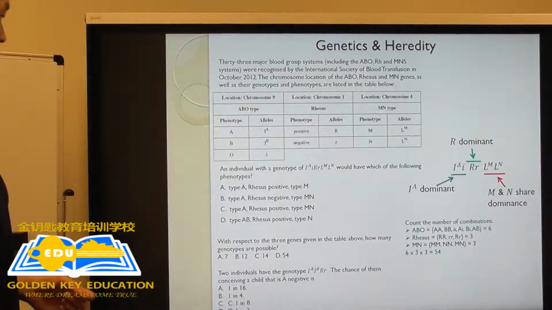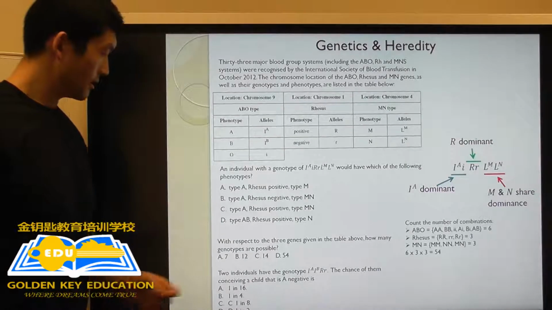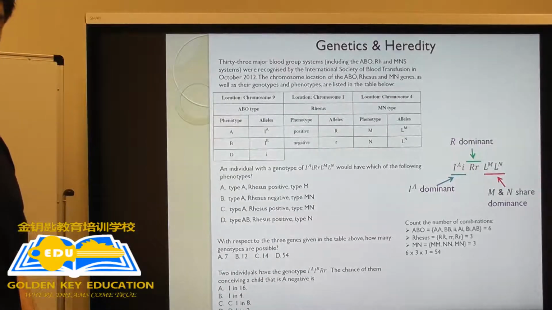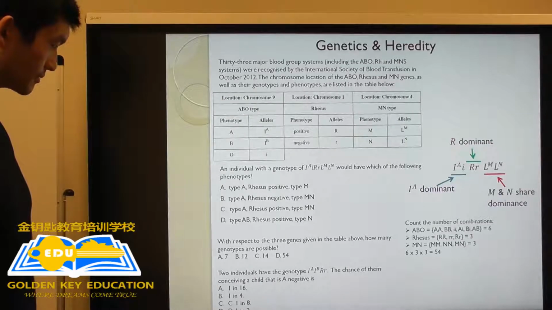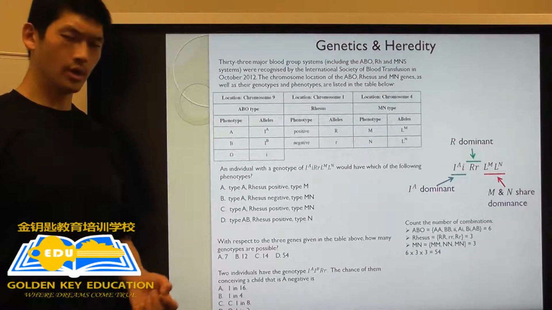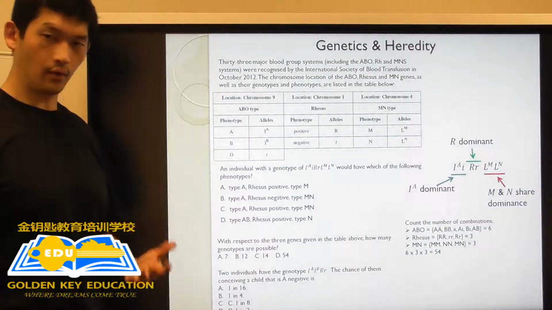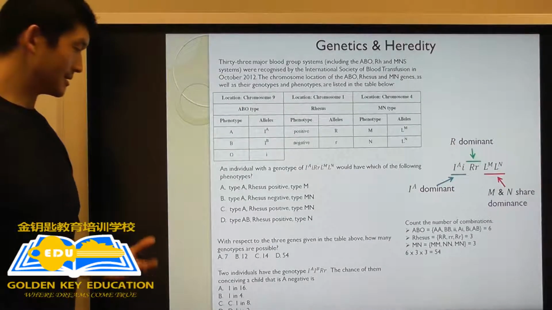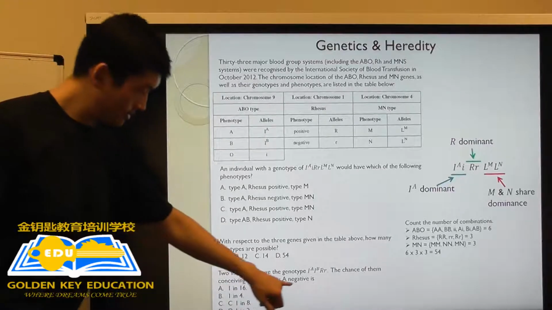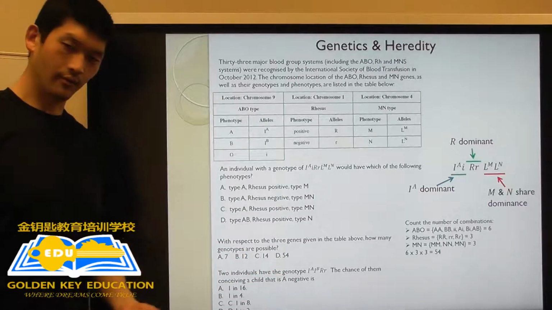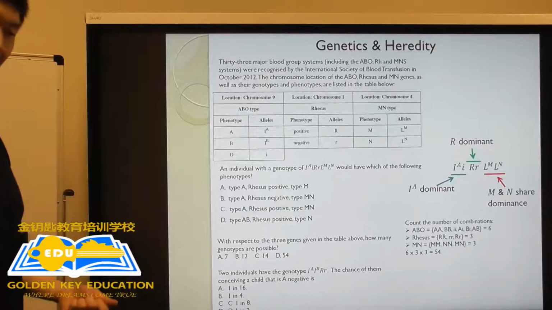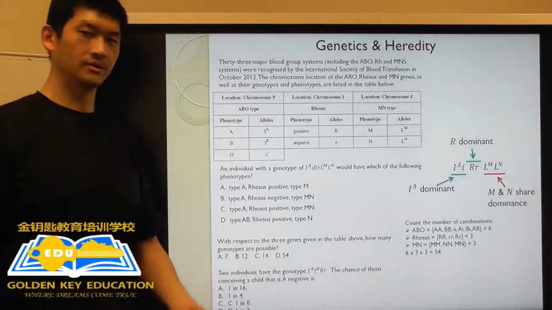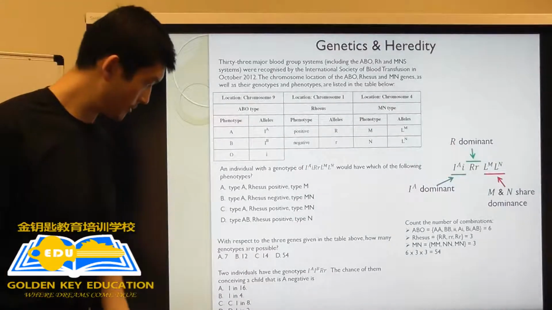Finally, two individuals have the genotype of the following. What is the chance of them conceiving a child that is A negative? In this question, we need to look at permutations, where the order does matter. One way to look at this is to realize that this particular genotype, where you have capital IA, capital IB, and capital R, lowercase r, tells you that the parents are of the AB group.